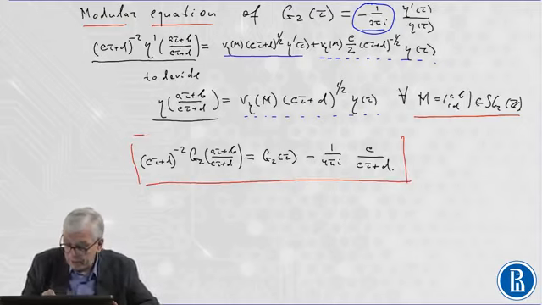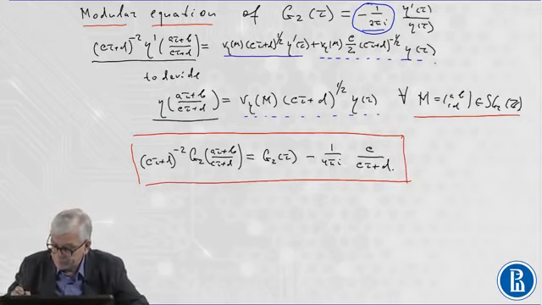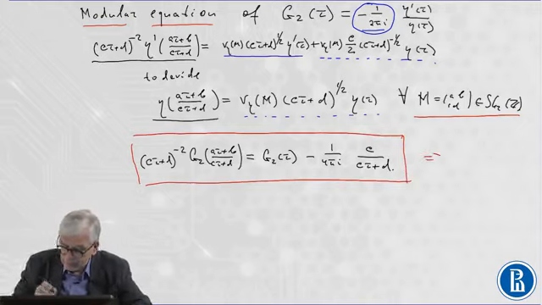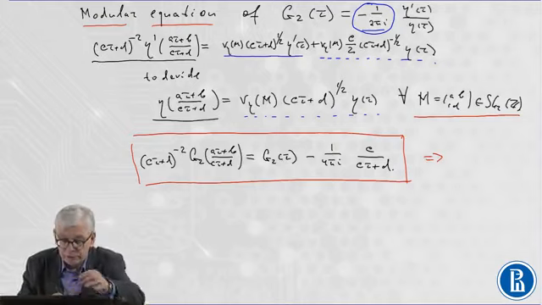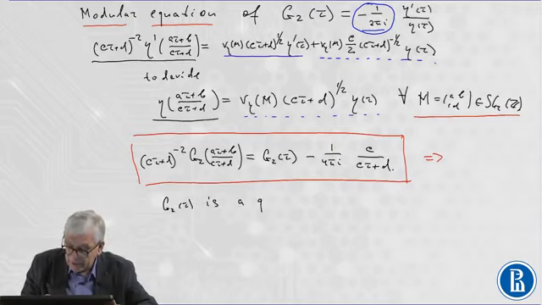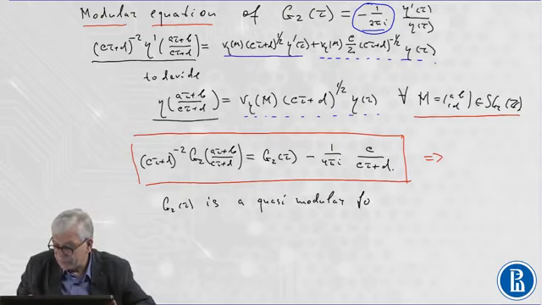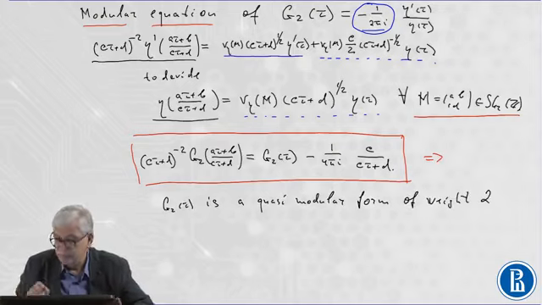We see that the Eisenstein series G2 is not modular. So G2 is a quasi-modular form of weight 2.